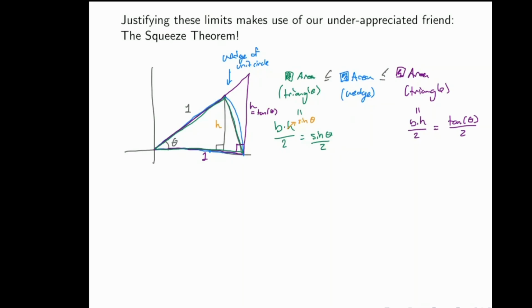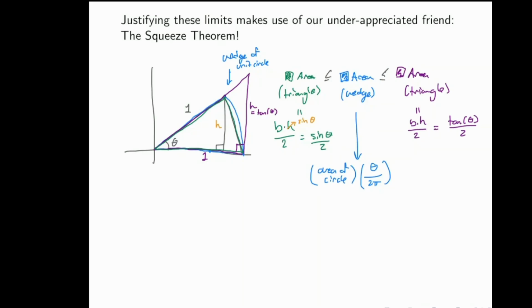Okay, and what about the blue area now? Well, that's going to be a wedge of the circle. And we can calculate that nicely by just taking the total area of the circle times the proportion of the angle theta. So that's going to be theta over 2 pi.